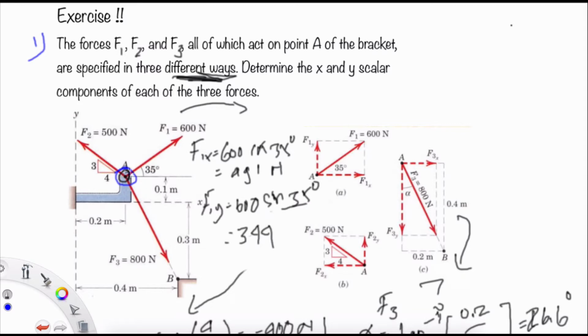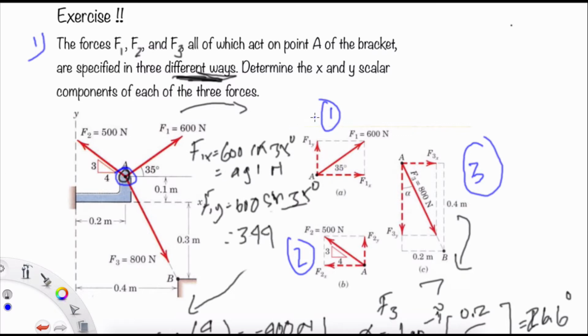Firstly, we have to make the exploded drawing. It will make it easier. So you have to make three: the first force, the second one, and the third one. After we have this, we can solve.